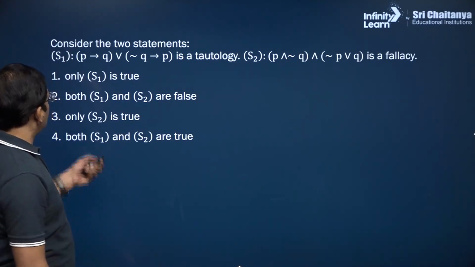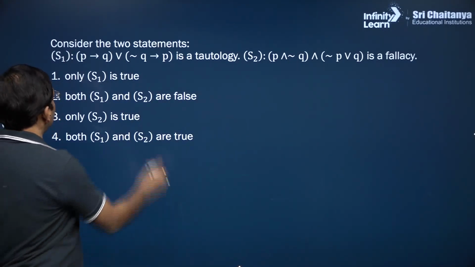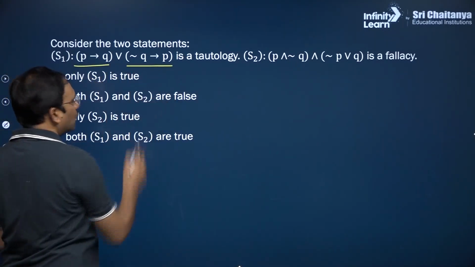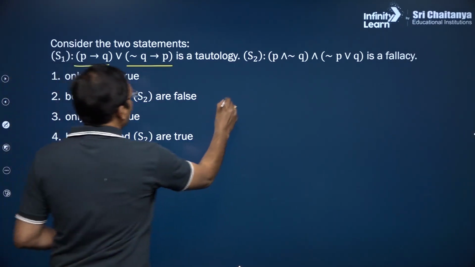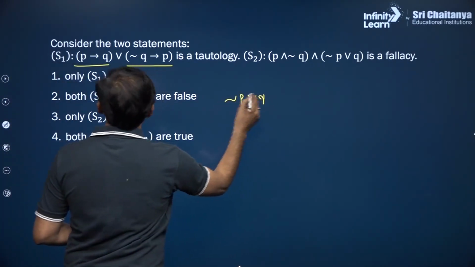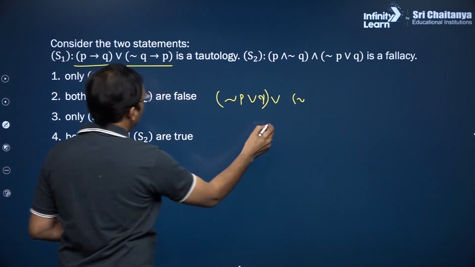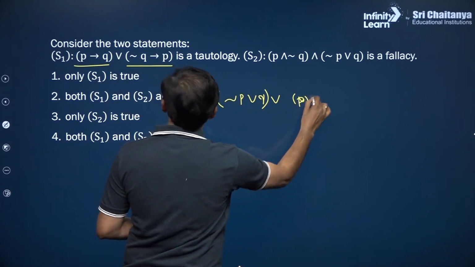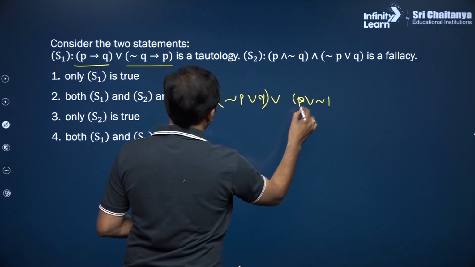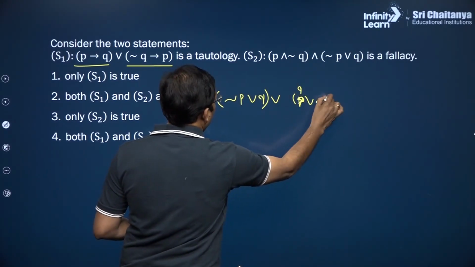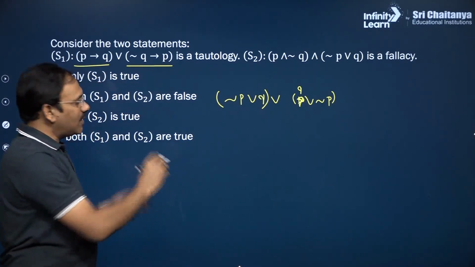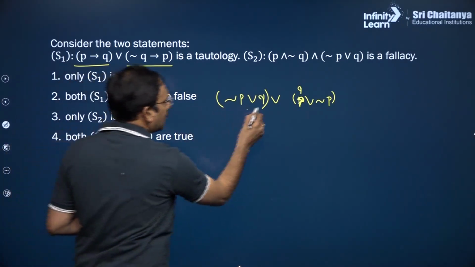Next, you see, these are two simple statements, you can just try this. P implies Q, you can write like negation P or Q, or you can write Q or negation P. Interesting point is all symbols are OR only.